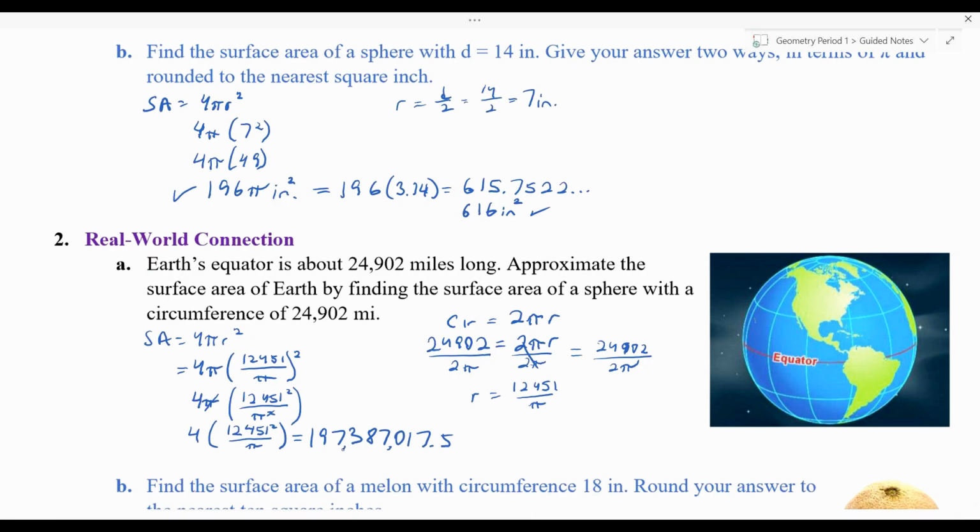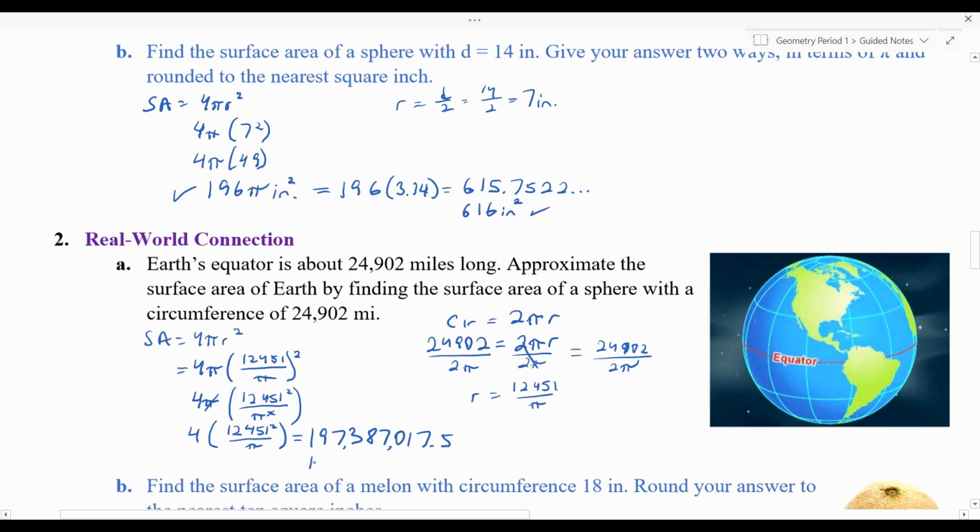So we get 197,387,017.5, and these are miles, but I'm going to write my units in the final answer. Does it say anything about rounding this to any particular specification like tenths or anything? It does not, but the only thing that I have here is a whole number. So I'm going to go ahead and round this to the nearest whole number.